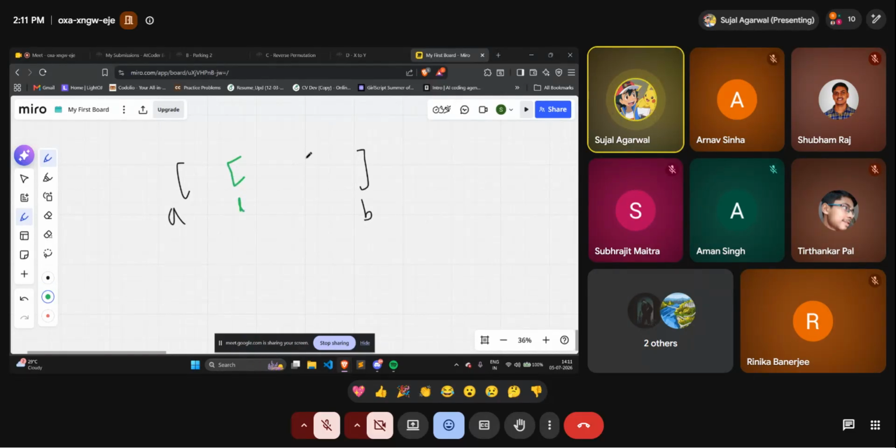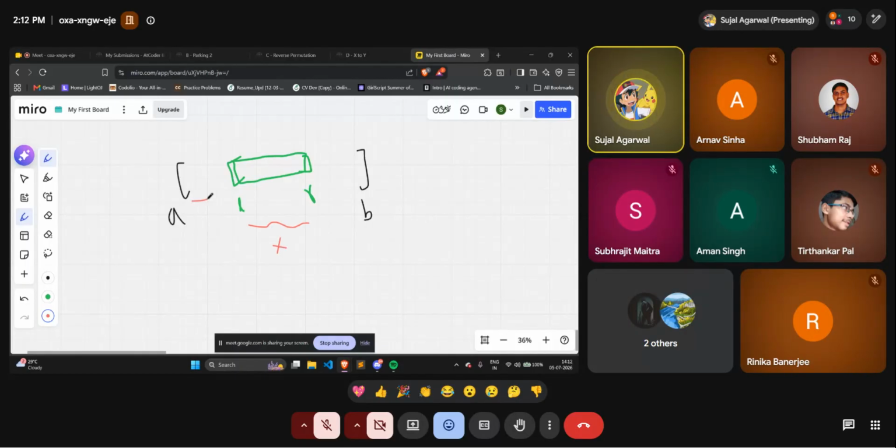Suppose this is the L, this is the R, and the problem says for each hour parked between this L to R, it is charging us X points, right?